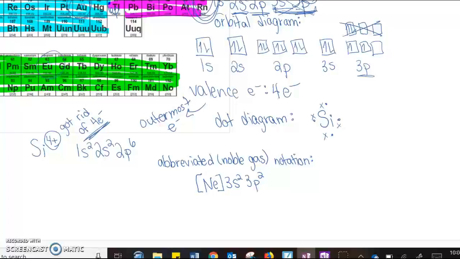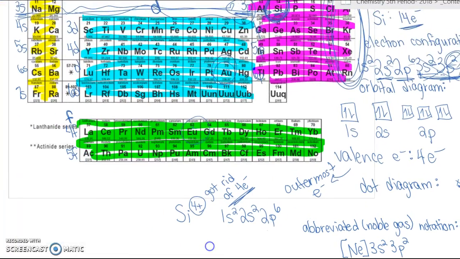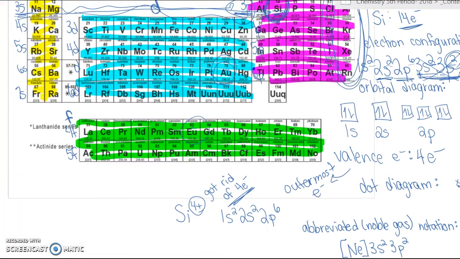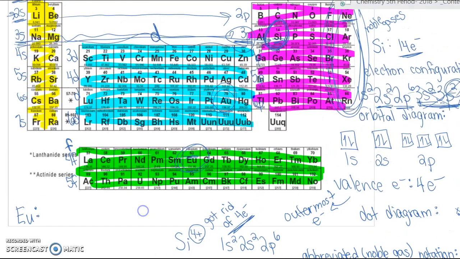So if we were to do another example, let's try europium, Eu. So the noble gas that is before that. Remember, this lanthanide series goes in right here, because it jumps from 56, and number 57 is down here. And then at the end of this, once you get to 70, 71 is right up there.